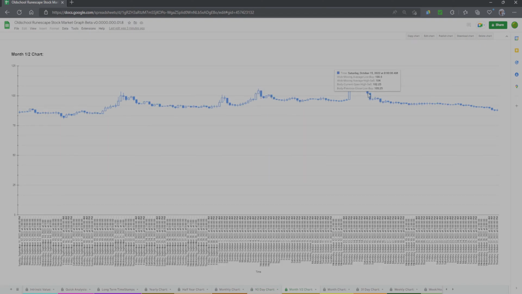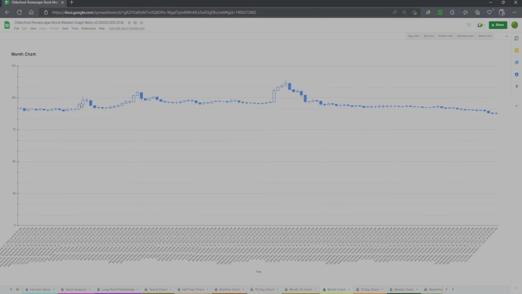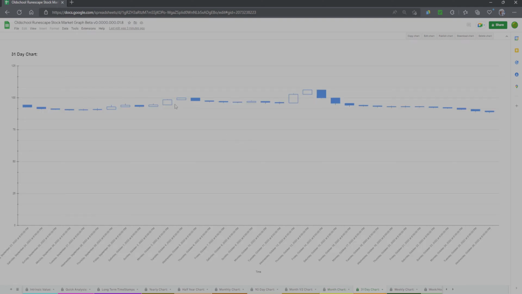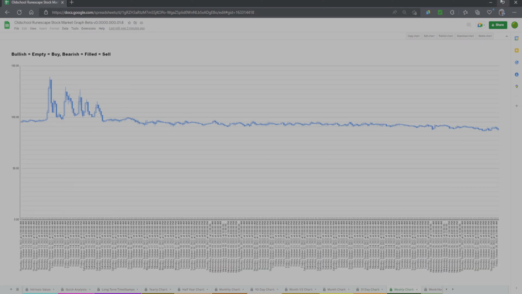You can see the time frames. That's a 6-hour chart, and that would be a month and a half. Every one of them is 6 hours apart, and it's a month and a half worth of chart. And then you've got the monthly chart. Yeah, that's 6 hours apart. This is the 31-day chart. This is probably a daily chart, based on how little it is.